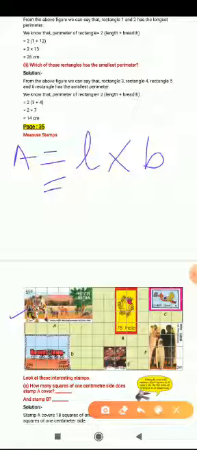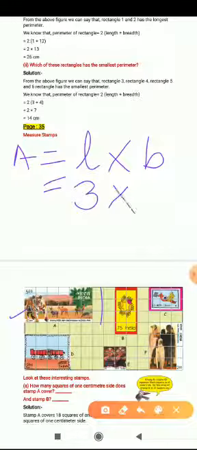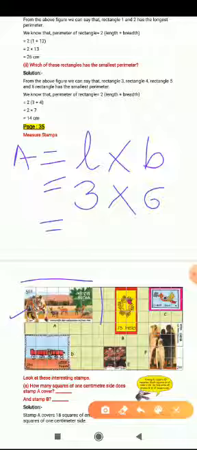Now we are finding for stamp A. So L is your vertical line. How many squares are there in the vertical line? There are 3 squares. And for breadth you have to count this horizontal line. How many squares are there? 1, 2, 3, 4, 5, 6. So I am writing over here 6. So the answer is 3 sixes are 18. And the unit of area is centimeter square.